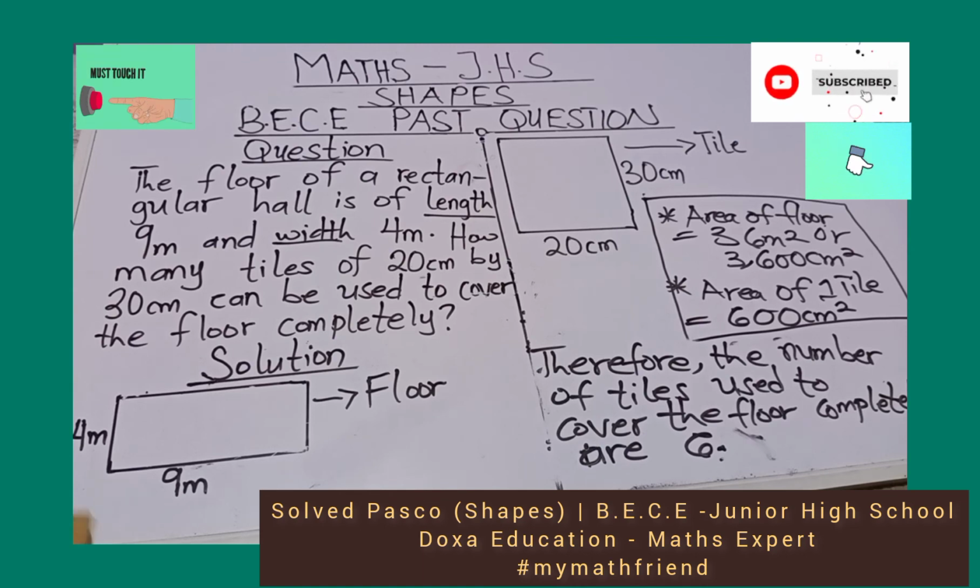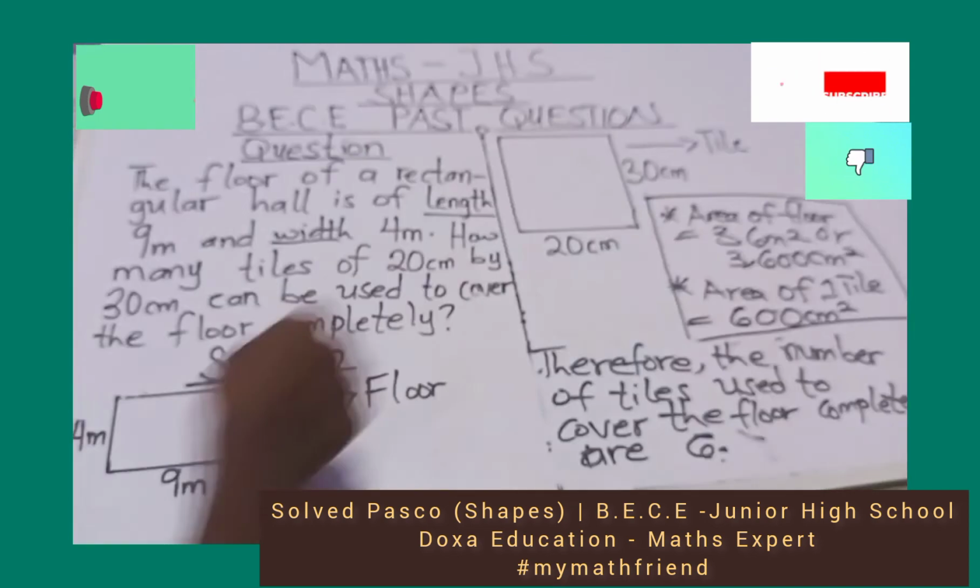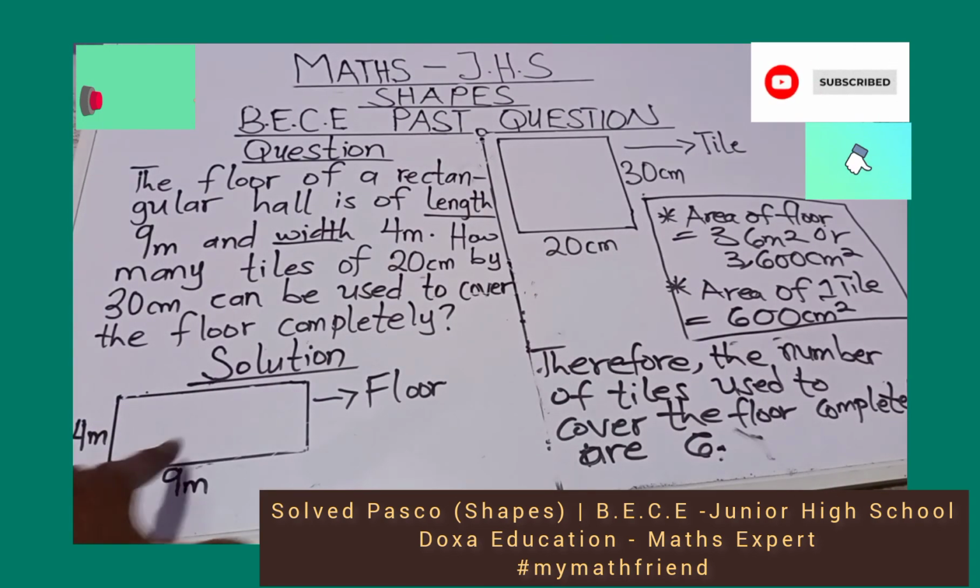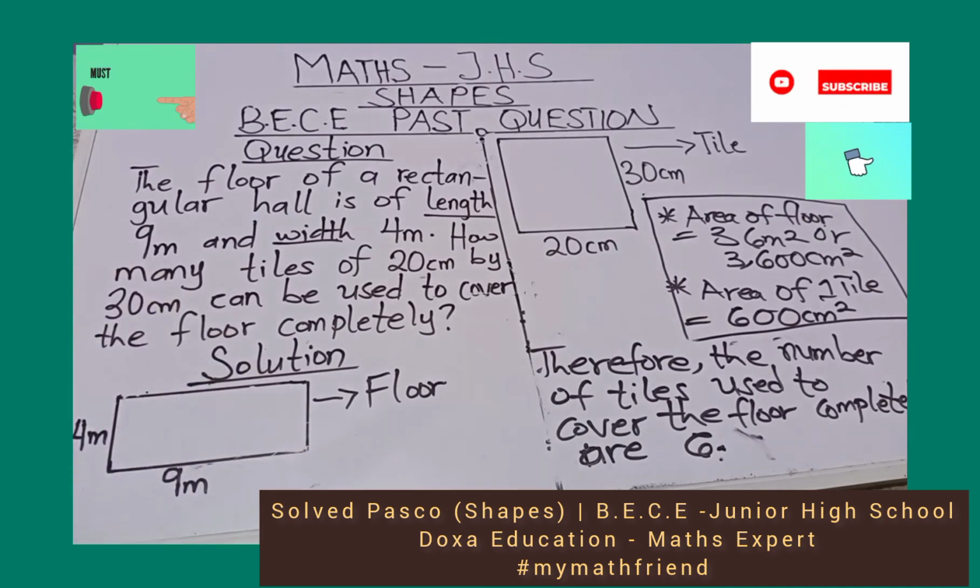Six. The number of tiles used. Six. Good. So six of these tiles can fill this rectangular floor of that rectangular hall.